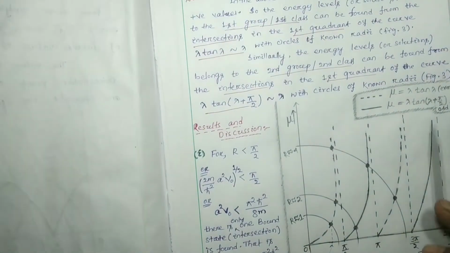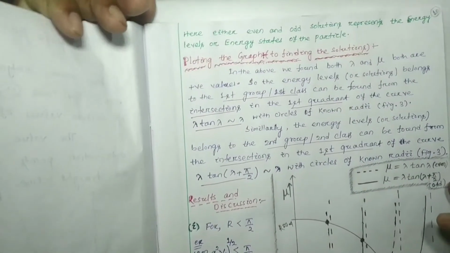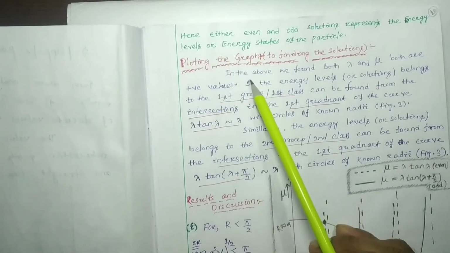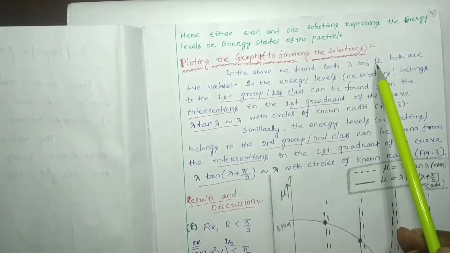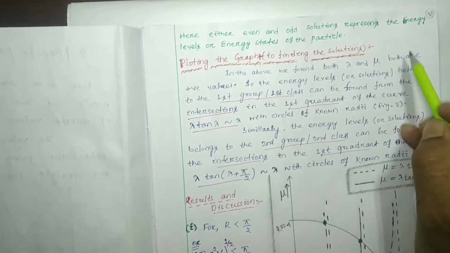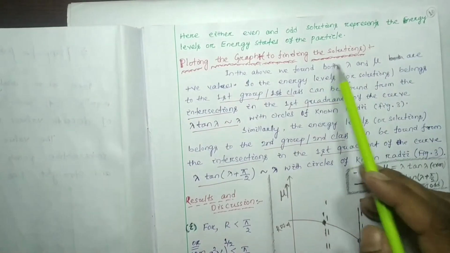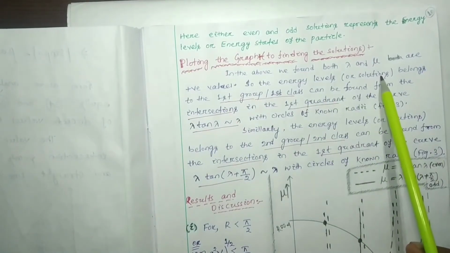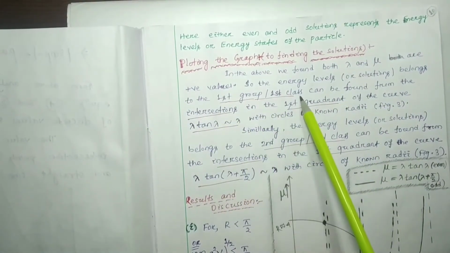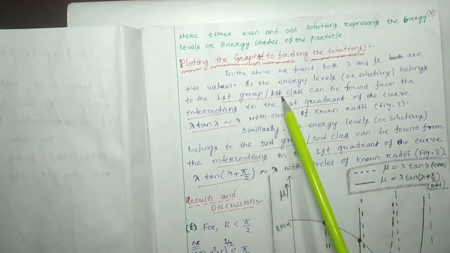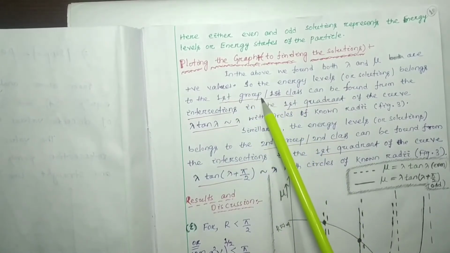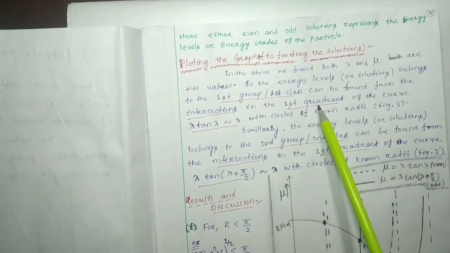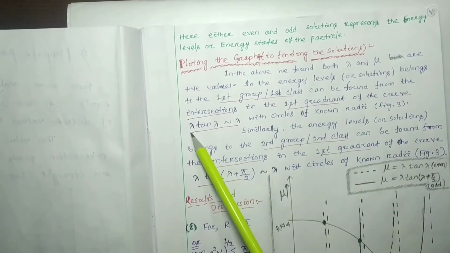Now first, what I have written, we have to just read it. In the above, in our previous discussion, we found both lambda and mu are positive values. So the energy levels or solutions belonging to the first group or first class, which indicates the even parity, can be found from the intersections in the first quadrant of the curve mu equal to lambda tan lambda.